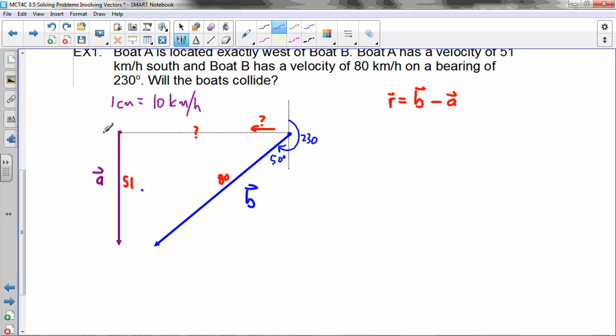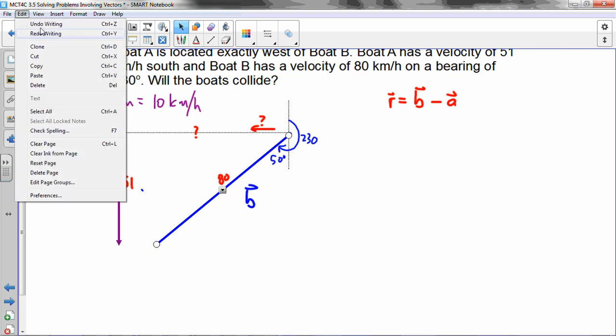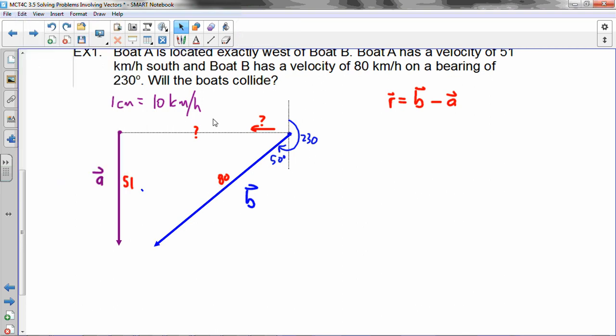I've done a scale shot of this, and I'm going to use some smartboard magic and copy these vectors and draw the result. Okay, so see if I can do this. Copy. I'm going to paste that vector. There she is.